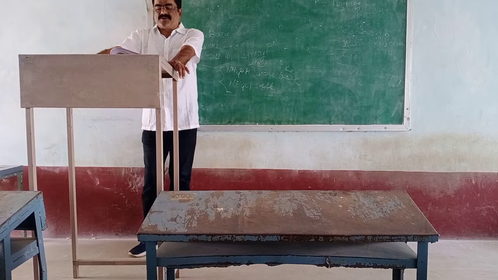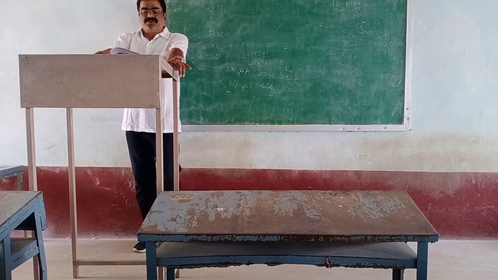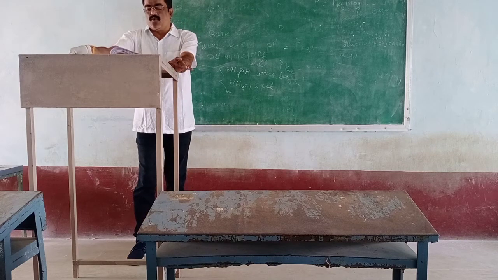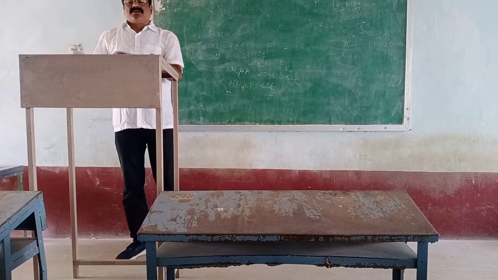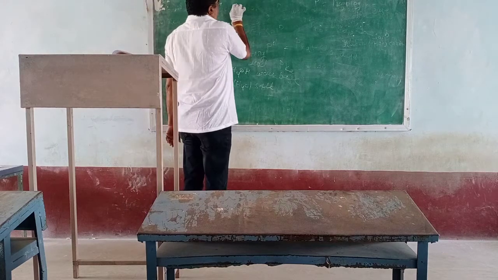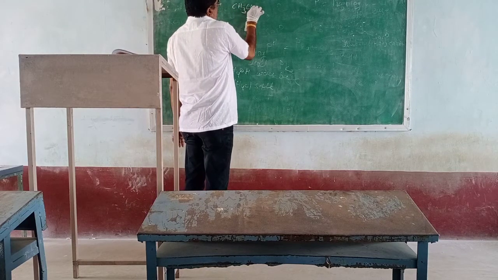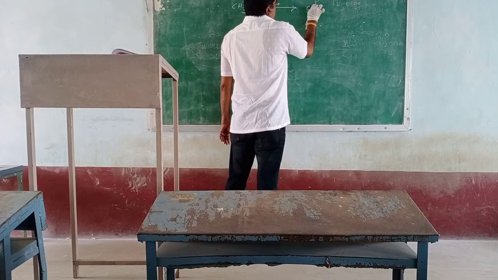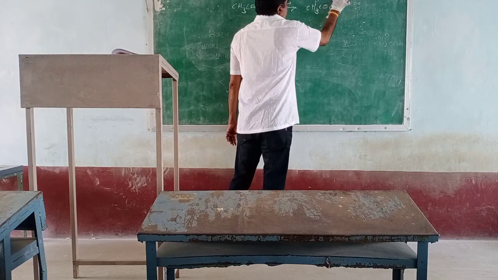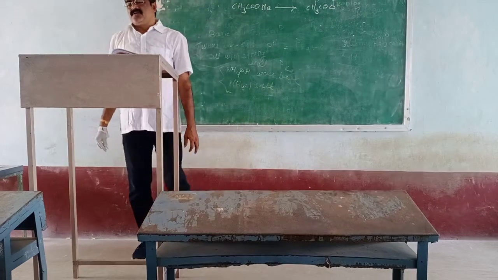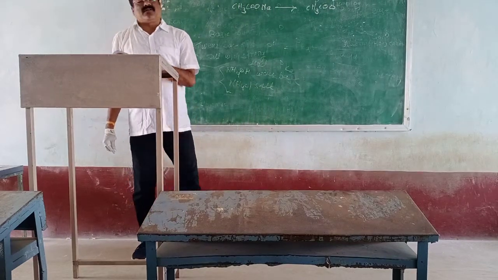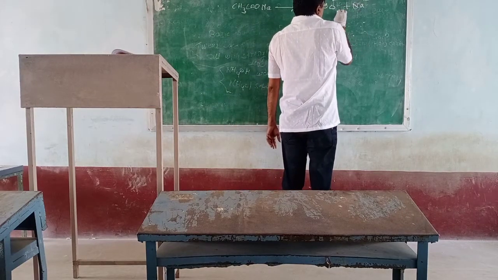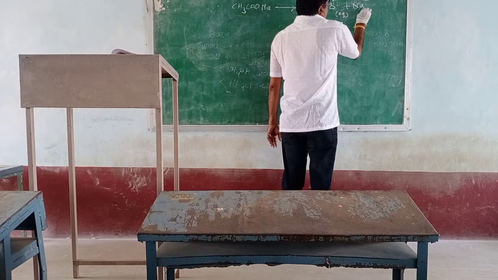Here the sodium acetate is a strong electrolyte which dissociates completely in water, producing a large concentration of CH3COO minus. CH3COONa, when it dissociates in aqueous condition, forms CH3COO minus and Na plus ions.